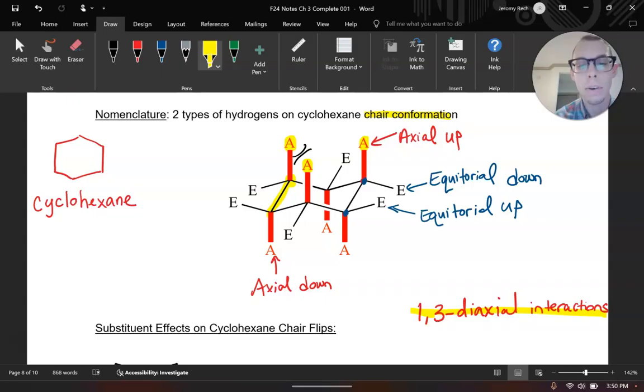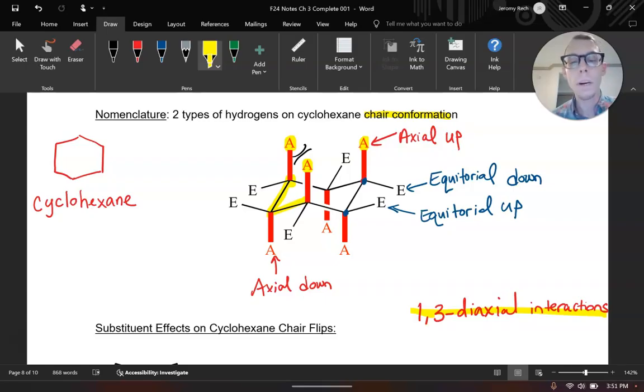In this case I'm going counterclockwise. My 3 position would then be 1 away. So those 2 right there are at a 1 and a 3 position on our ring. And then you also have the other one, which we could call a 5 position, so you'd have 1,5 and 3,5 as well, but we just summarize that to the lowest amount. And these 1,3 diaxial interactions are going to be the most destabilizing.